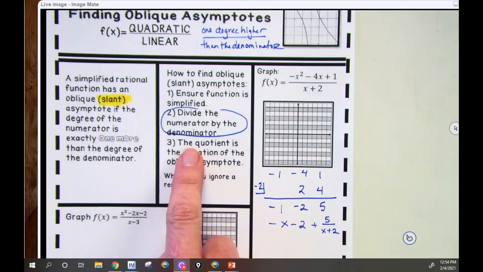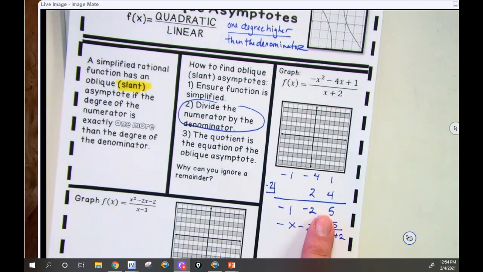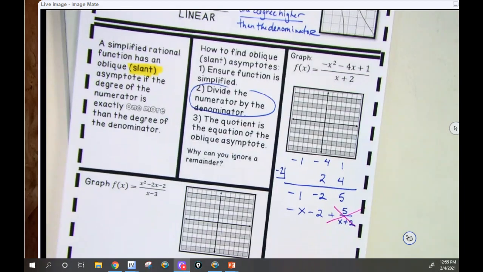The quotient is the equation of the oblique asymptote, but I've got this funky remainder, and you get to ignore it. Did you ever think you'd hear me say something like that? You get to ignore the part you don't like. What? I know! But let me tell you why. There really is theory behind that.